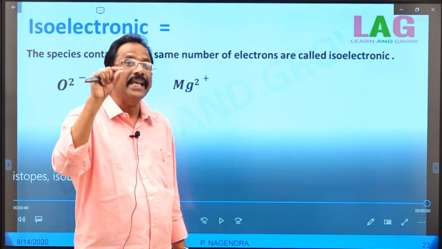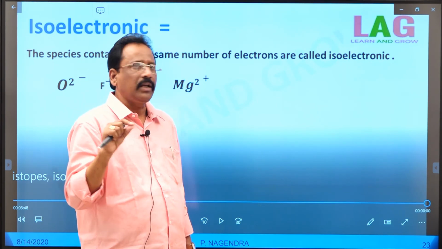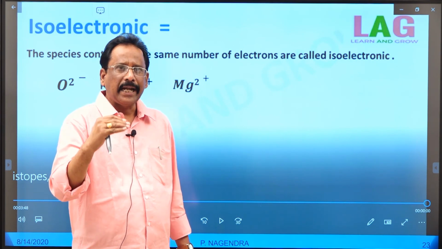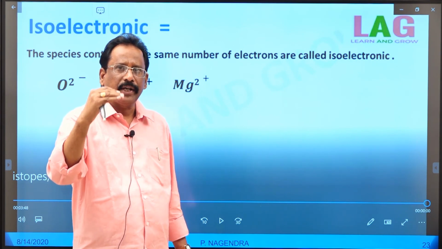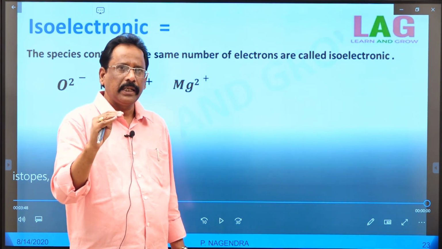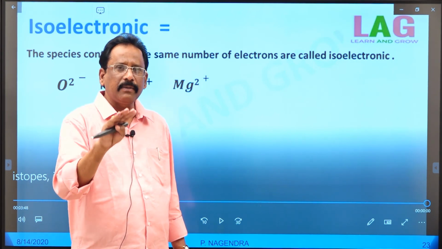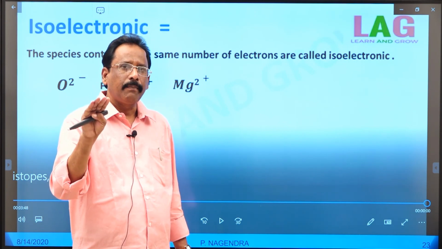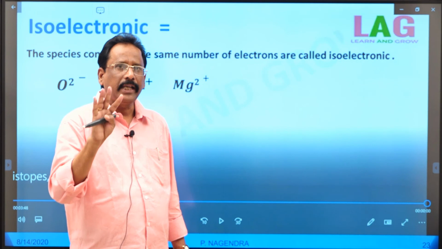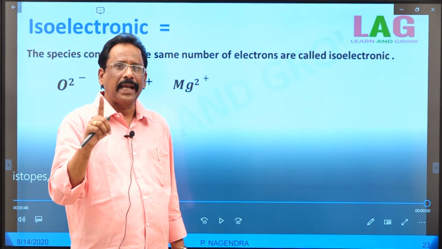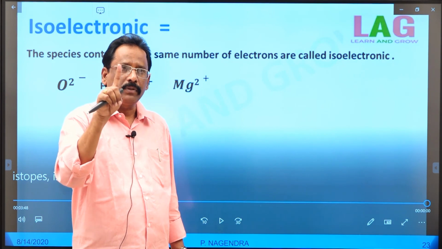Iso means same. So the final point is, isotopes means atoms of the same element having different mass number. Isobars means atoms of different elements having the same mass number. Isotones means atoms of different elements having the same number of neutrons.